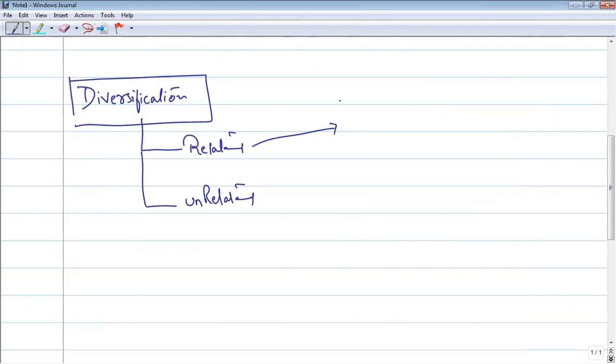For example, if you are a chair manufacturer and you buy your competitor who's also a chair manufacturer. It's related diversification because the company is expanding its operations into the same market. It is buying a competitor which is producing the same products.